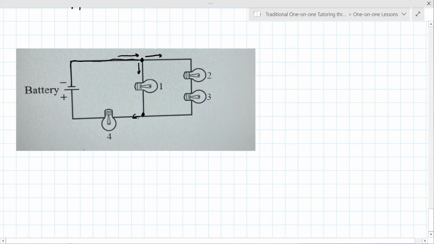And so the current is greatest when it's not being split up, I guess is the point. Because when you get back to this point in the circuit down here, they've joined forces again. That's sort of a simplistic way of doing it.